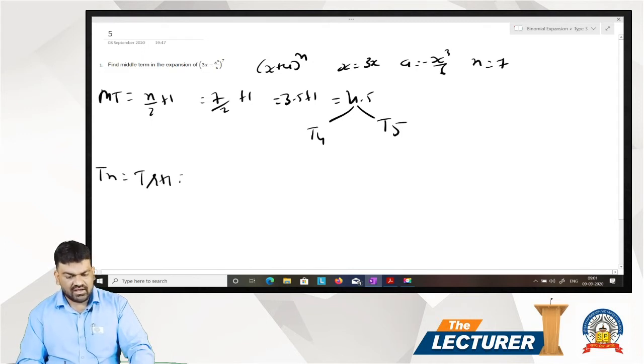Tn is equal to T(r+1) = nCr x raised to n minus r, a raised to r.